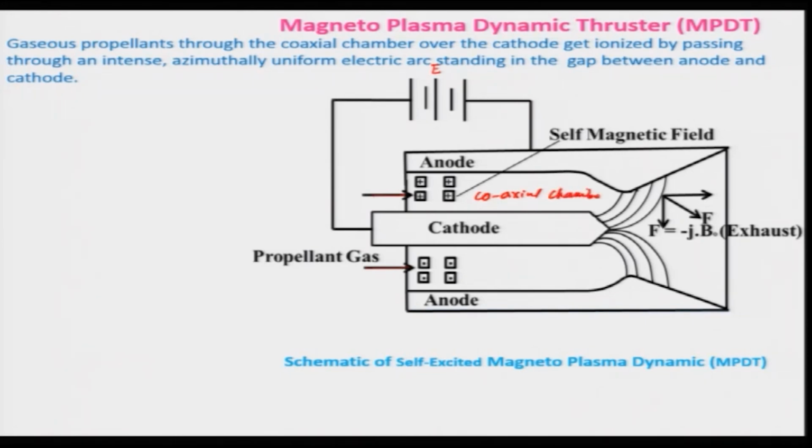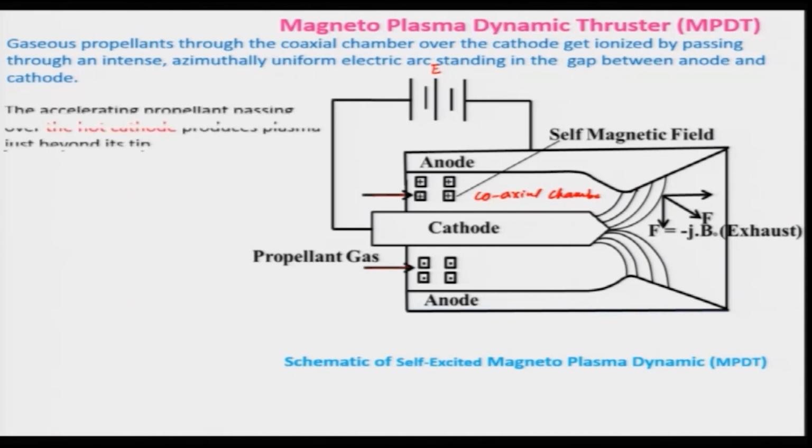over the cathode, and gets ionized by passing through an intense, azimuthally uniform electric arc field. As a result, an arc is produced in the gap between the anode and cathode, generally towards the tip because the gap is a little lower there, so that this arc ionizes the propellant and produces the plasma.